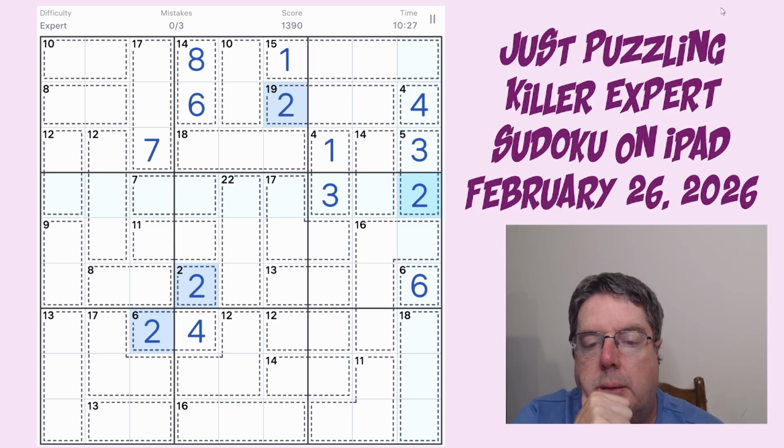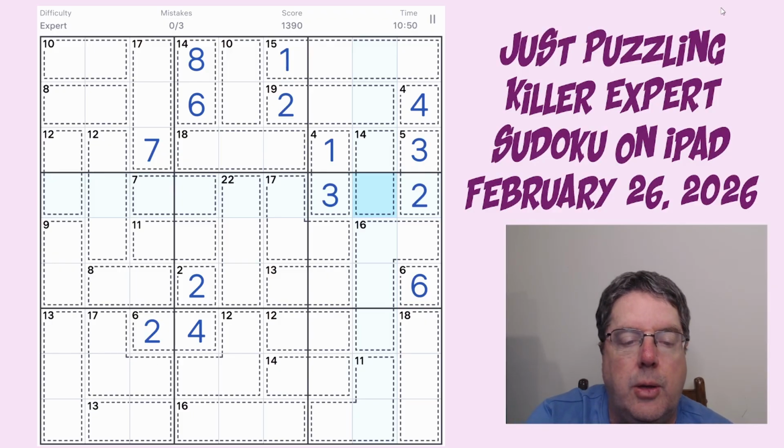Okay, so 8 and 9. 6 and 5 add up to 11, so that'd be a 3. 3 can't be those, so that can't be 6 and 5, so 6 and 8 works. 8 and 9, so 8 is one of these, so this could be 8, 3 and 1, or 8 and 4.